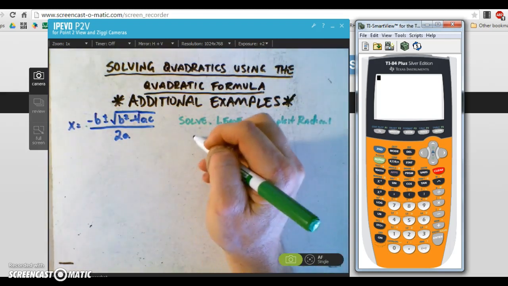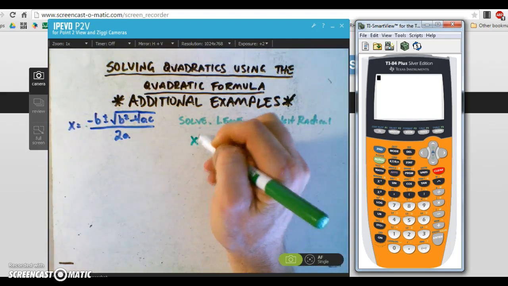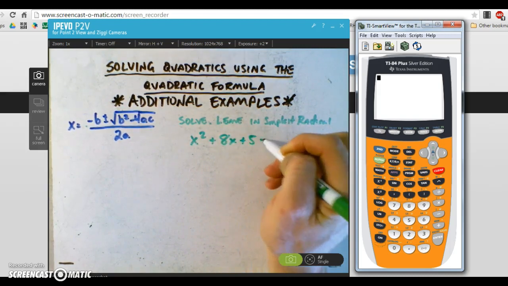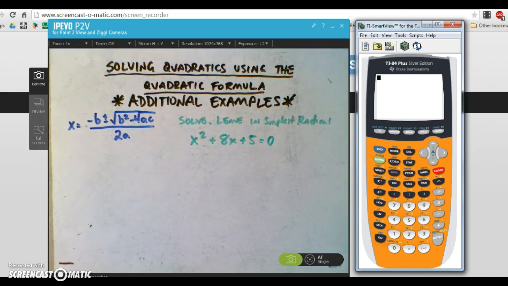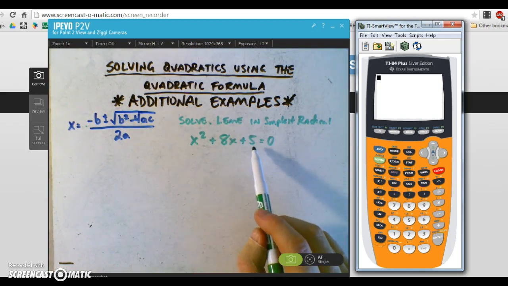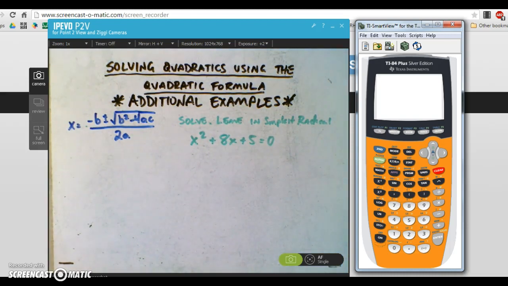All right, so we're going to do x squared plus 8x plus 5 equals 0. So I can't factor this. I know that because it's a regular trinomial and there are not two numbers that multiply to 5 and add to 8. So I know I can't factor this, so I'm going to use the quadratic formula.